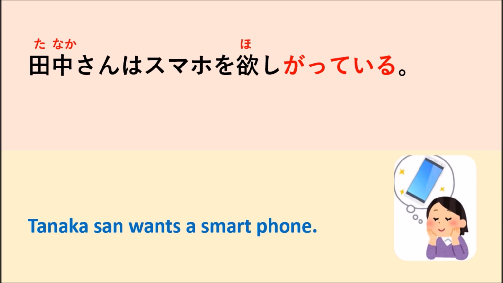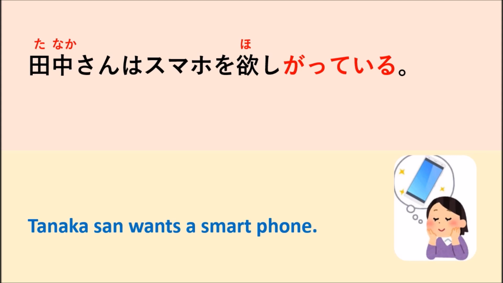So when Mr. Tanaka wants to have a smartphone, that means Tanaka-san only, not anybody else. So in a case like this, to show Mr. Tanaka's feeling only, we use がってる. We don't use がる, right?